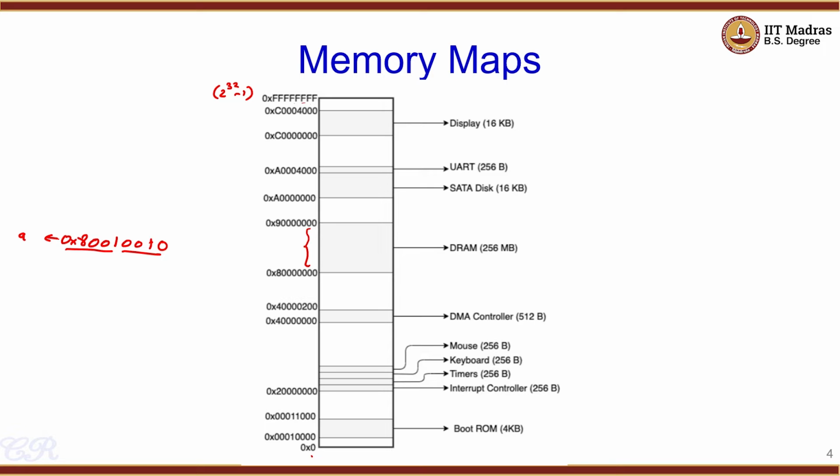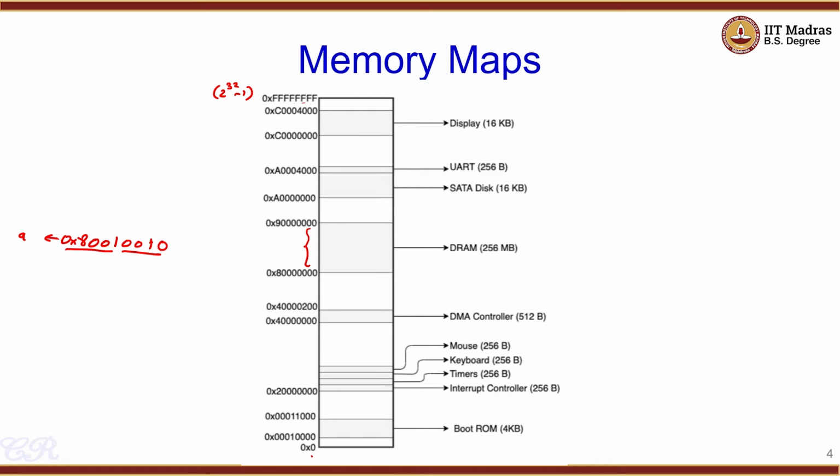So in this particular memory map, we have a small RAM of just 256 megabytes, right. And depending on your system, whether your system has 512 megabytes or 1 terabyte or things like that, this range of addresses would essentially differ, right.